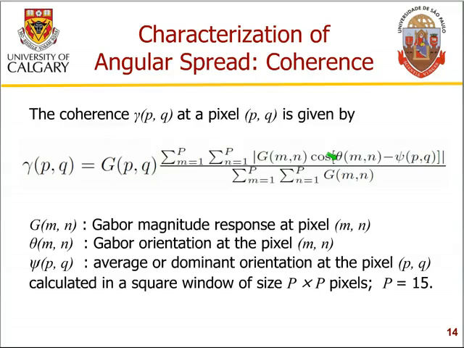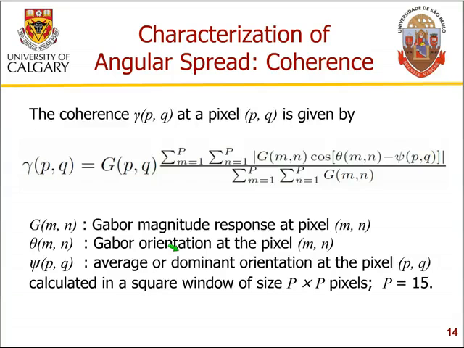In the original work by Rao and Jain, G was the gradient magnitude and theta was the angle of the gradient at every pixel. Instead of gradient, in this work we use the Gabor magnitude at each pixel and the Gabor orientation, or the angle of the filter, as determined in the previous procedure that I described. The psi_PQ here is the average or dominant orientation at the pixel over the window.